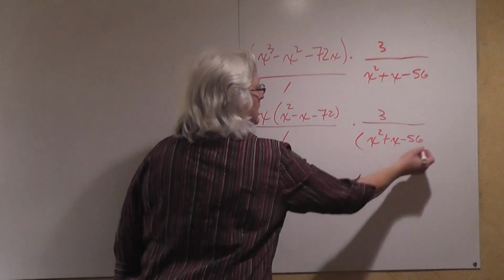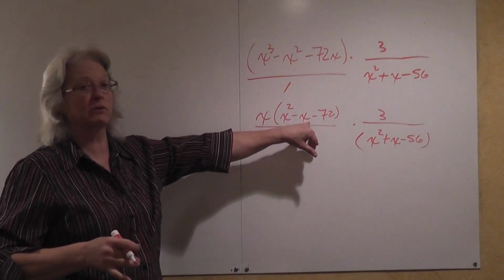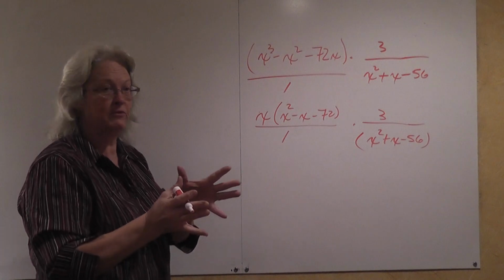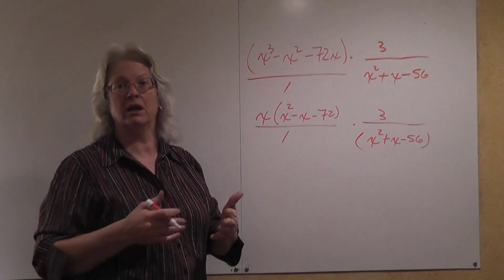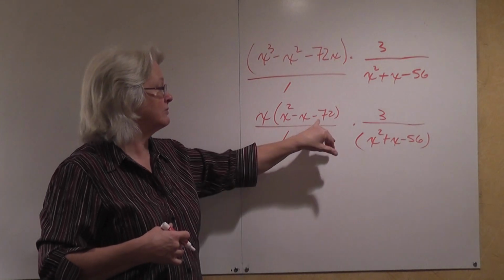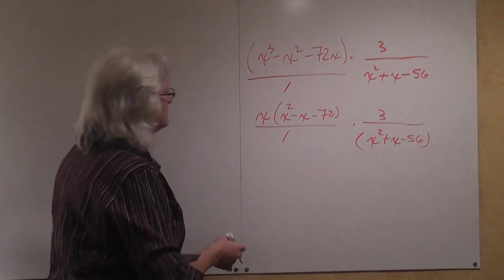Now, what do we have? We have two trinomials that we're going to be able to factor. And you'll be glad to know here that when we're canceling common factors, when we're multiplying rational expressions, you're not going to be using the quadratic formula. You're going to have to be able to factor trinomials by inspection.